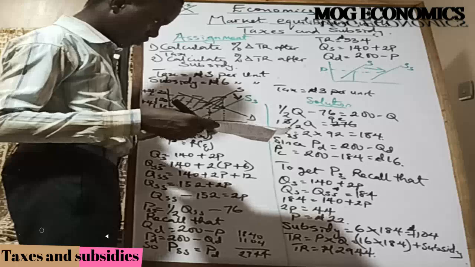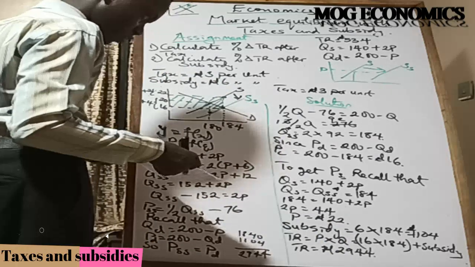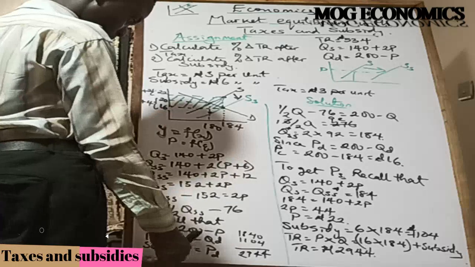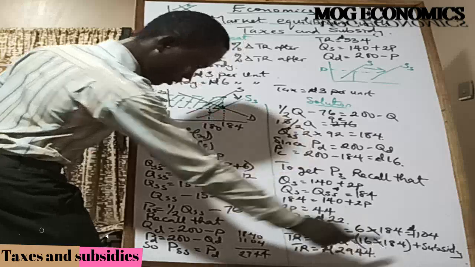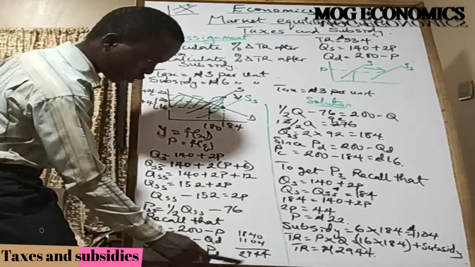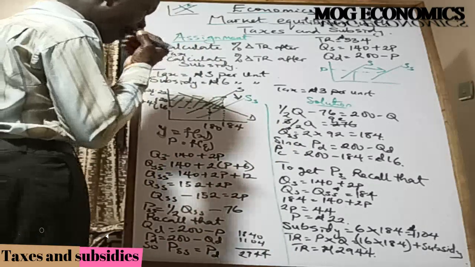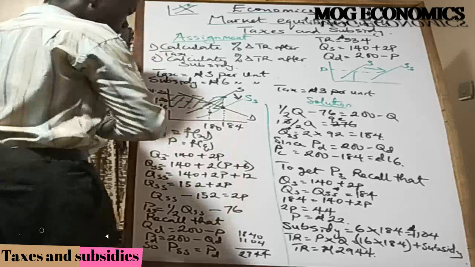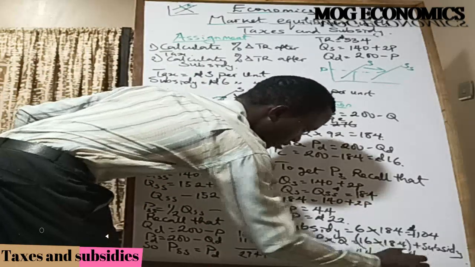Wait, I'm not done. That was 2944, so 2944 plus 1104.